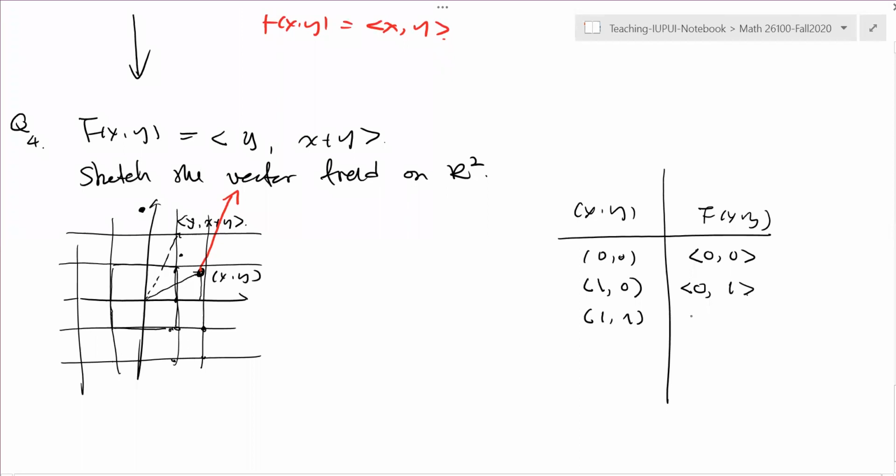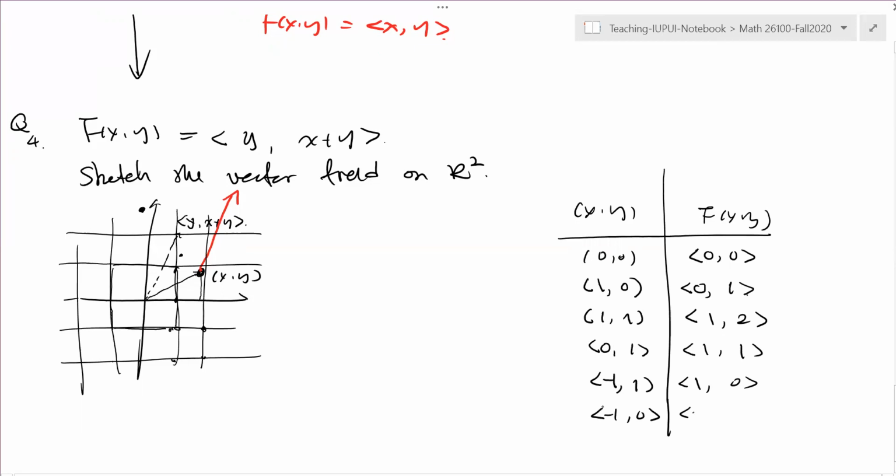When x is 1, y is 1, x plus y is 2, so I have 1, 2. Then when x is 0, y is 1, I get 1, 1. Then x is negative 1, y is 1, x plus y is 0, so I get 1, 0.